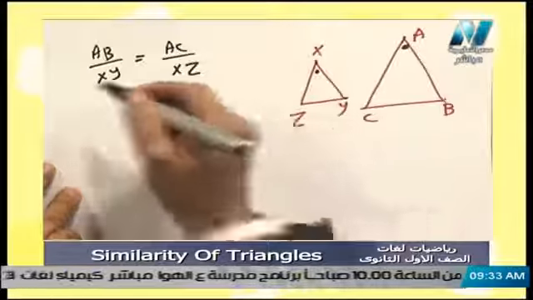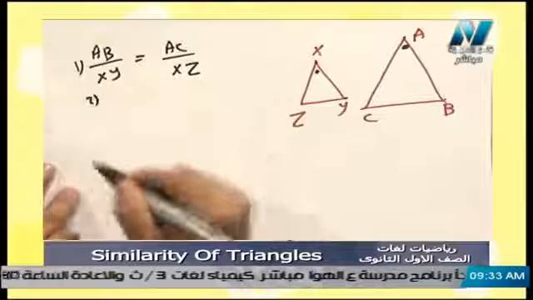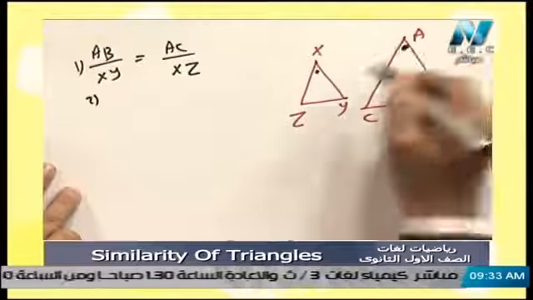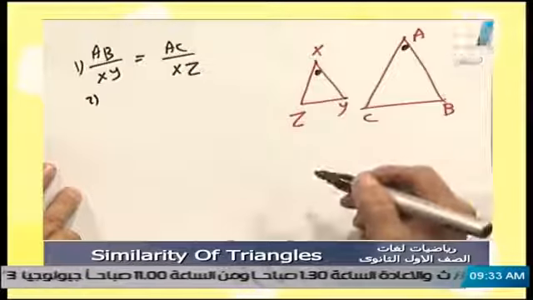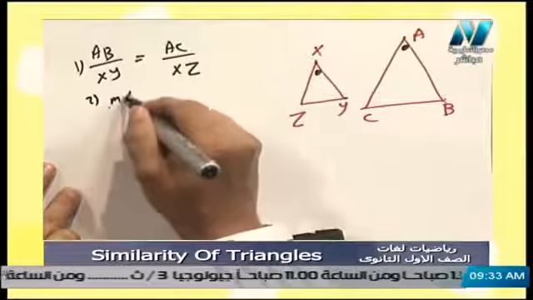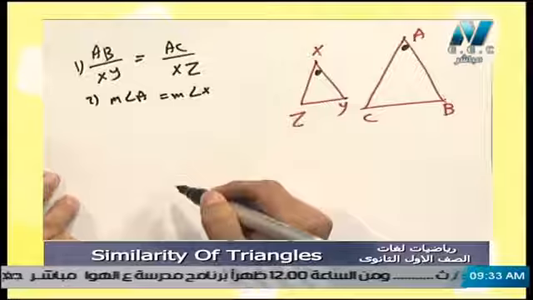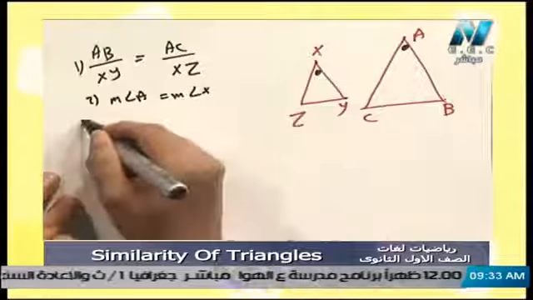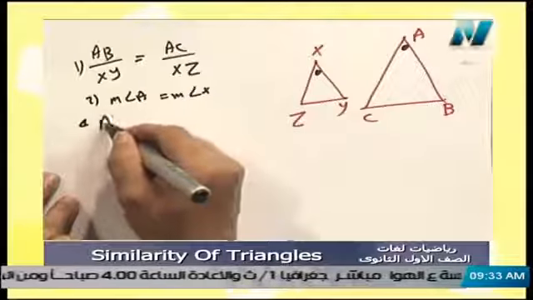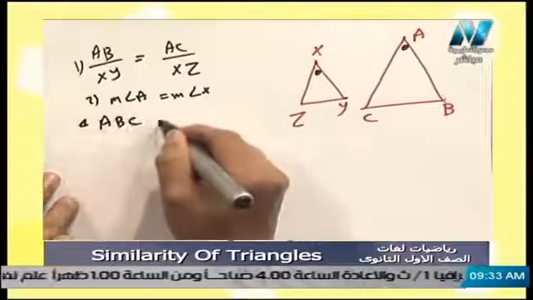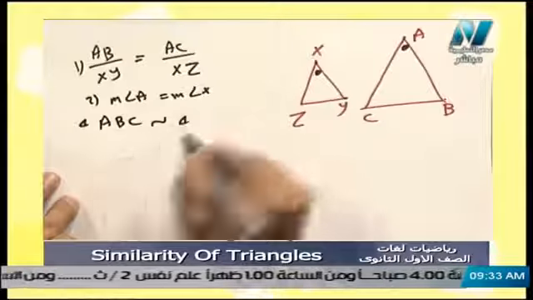This is the first condition, and the second is that the included angle equals the included angle between the two sides. So if measure angle A equals measure angle X, we can say that triangle ABC is similar to triangle XYZ.